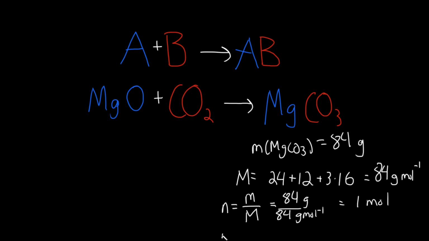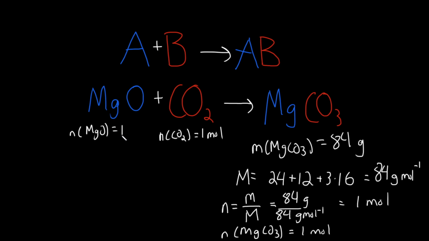So moles of magnesium carbonate equals 1 mole. Now, since this is a 1-to-1 reaction, this means that the moles of carbon dioxide is also 1, and moles of magnesium oxide is the same.